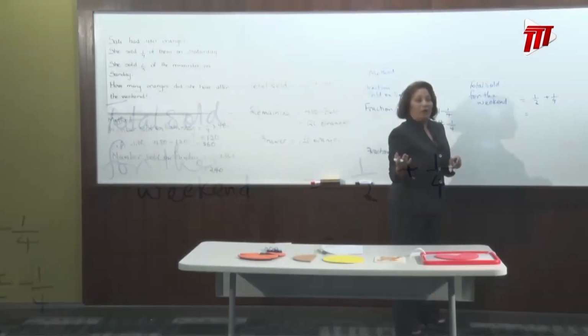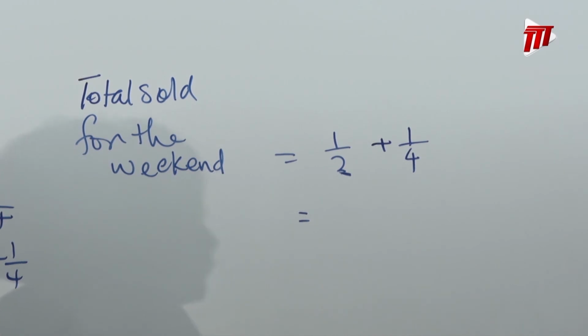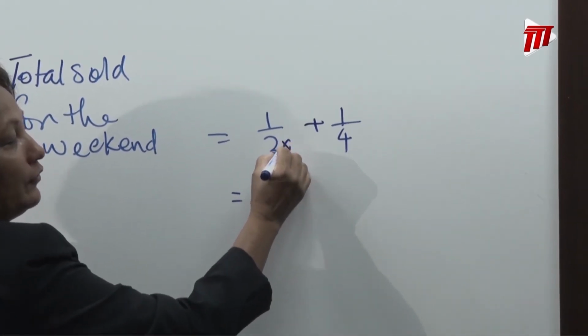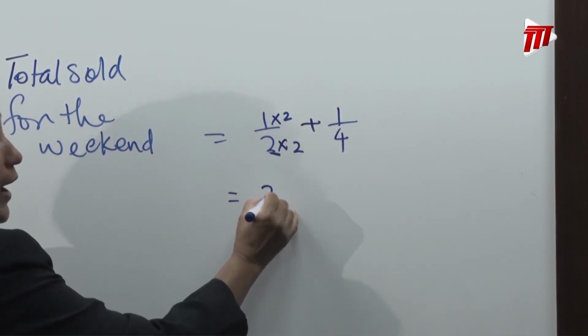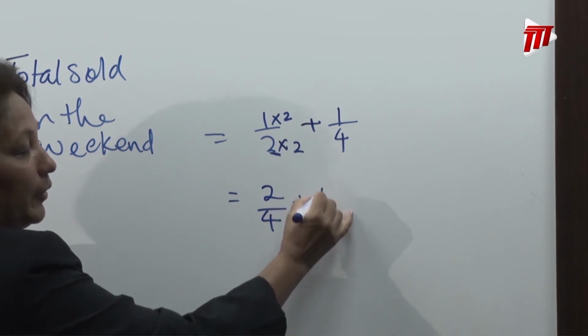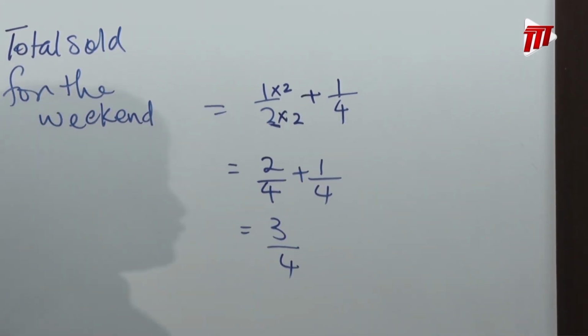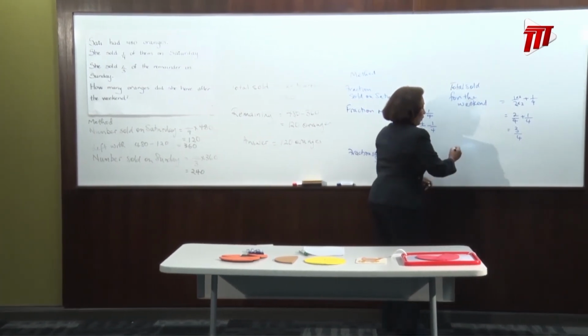We could change all of them to the same denominator. A half could become quarters because we multiply the denominator by 2. So I would multiply this by 2, multiply the numerator by 2. So I have 2/4 plus 1/4, giving me 3/4.